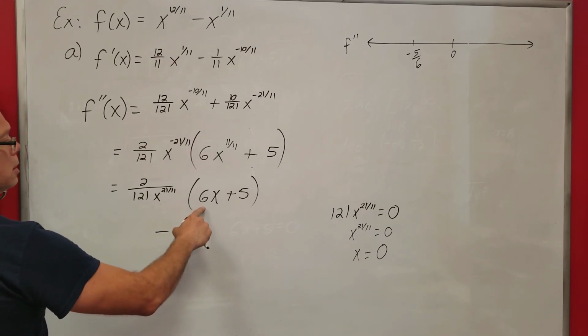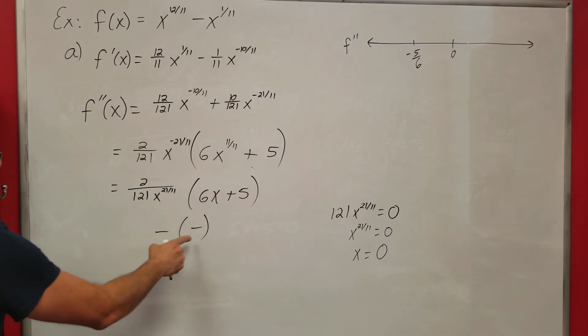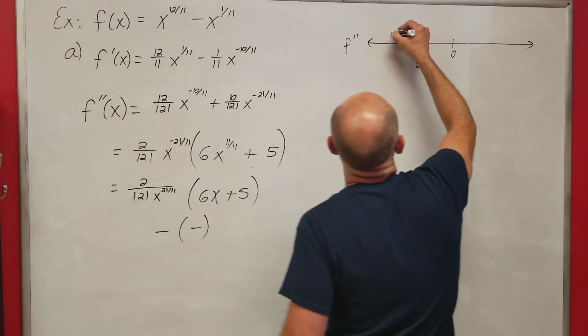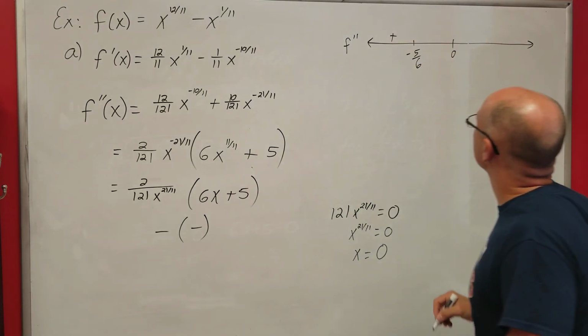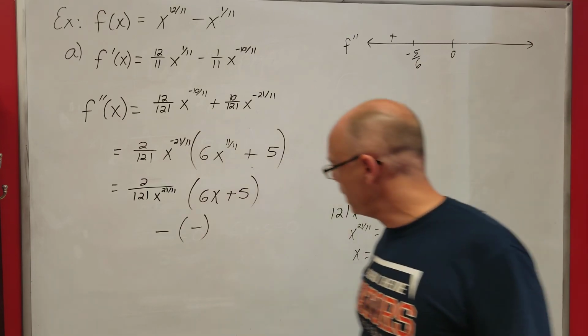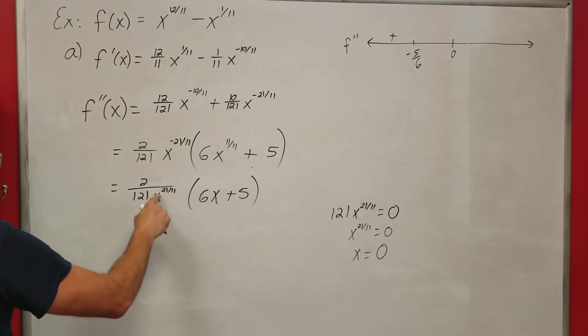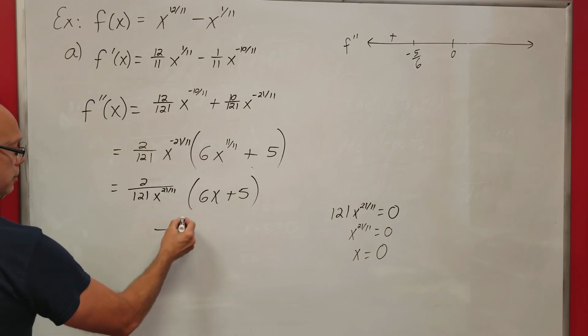What is 6x plus 5 at negative 1? That makes it negative. What's a negative times a negative? Positive. How about in here? How about negative 1/2 maybe? If I pick negative 1/2 and plug it in here, I get a negative there.